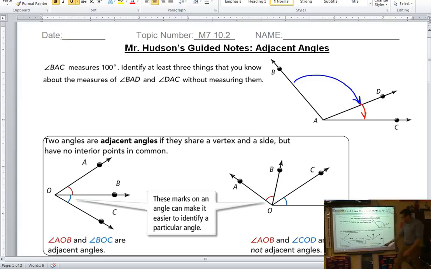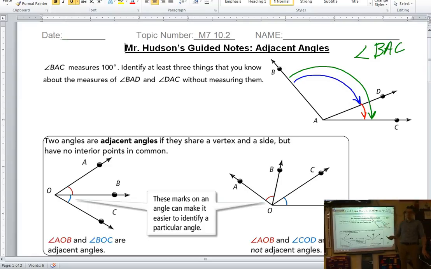Now, if I incorporate green being angle BAC, green is not adjacent to anything because red is inside of green. Blue is inside of green.